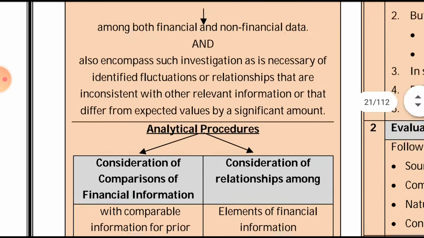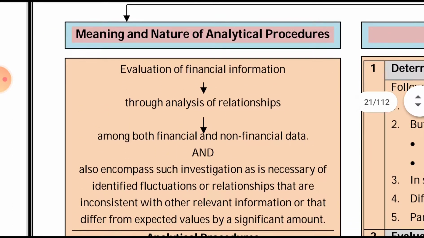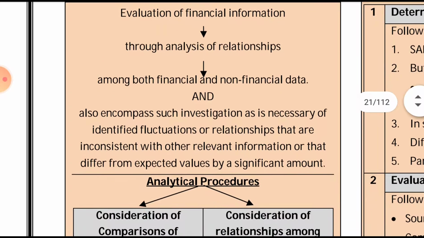So we will again quickly read this. The meaning and nature of the analytical procedure: evaluation of the financial information through the analysis of the relationship among both financial and non-financial information, and it encompasses such investigation as is necessary to identify fluctuations or relationships that are inconsistent with other relevant information, or that differ from the expected value by a significant amount.